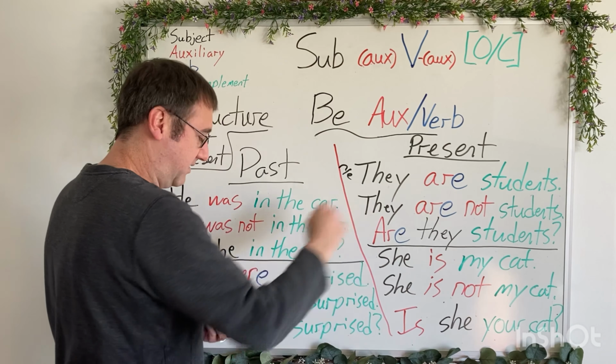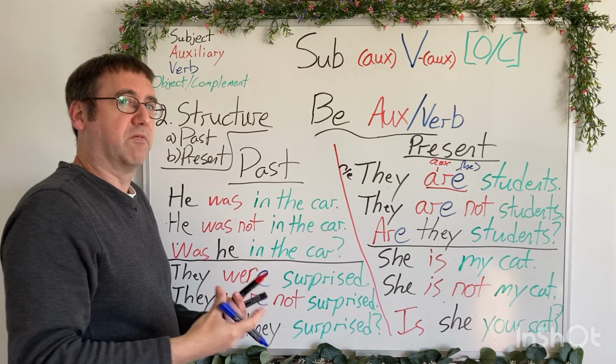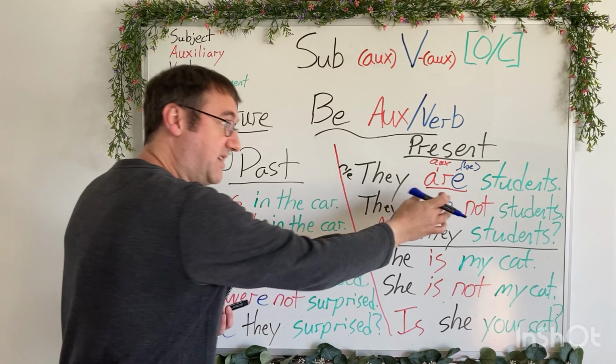They are students. And you can see, again, what's the verb? Well, the verb is be. And the auxiliary is are. It's the spelling change. A-R-E is different, right? So it's actually marked. You can see the change. And so you know it's the auxiliary.